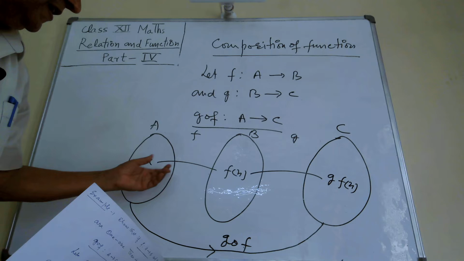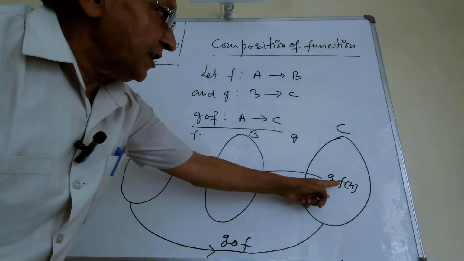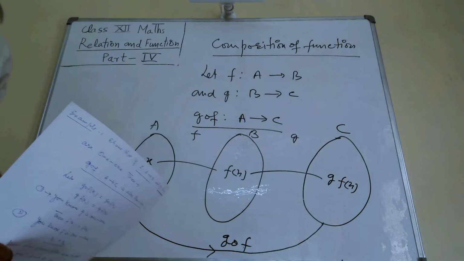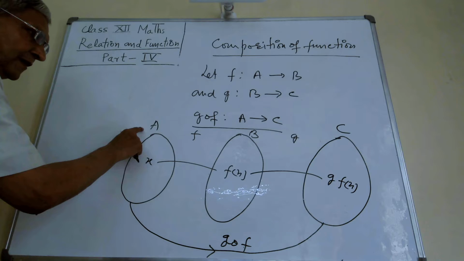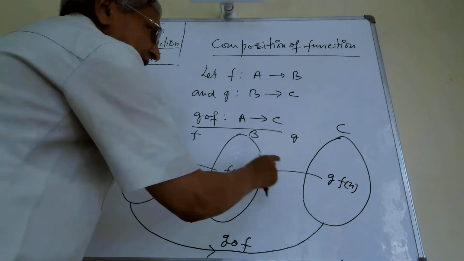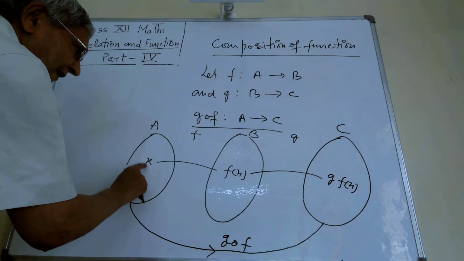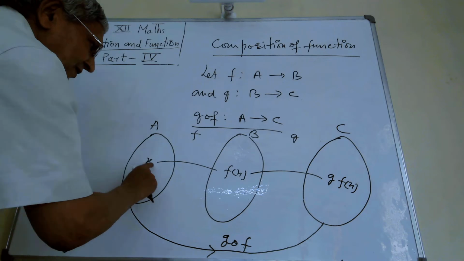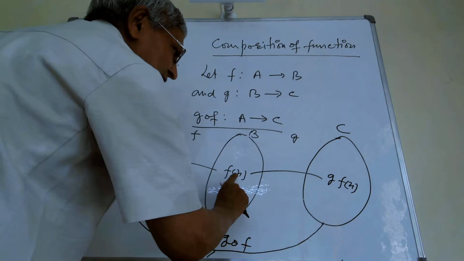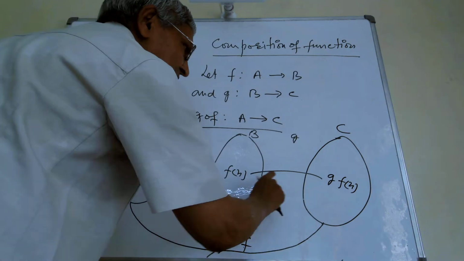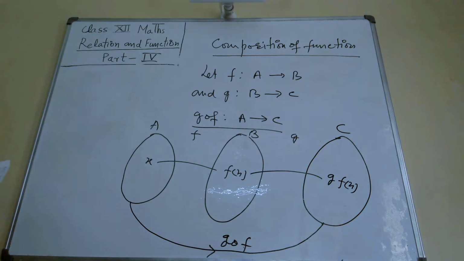Element x of A has image under gof, g(f(x)), in C. x is an element of A, f(x) is an element of B, and g(f(x)) is an element of C. Here f(x) is the image of x, and g(f(x)) is the image of f(x). So this is the gof function.